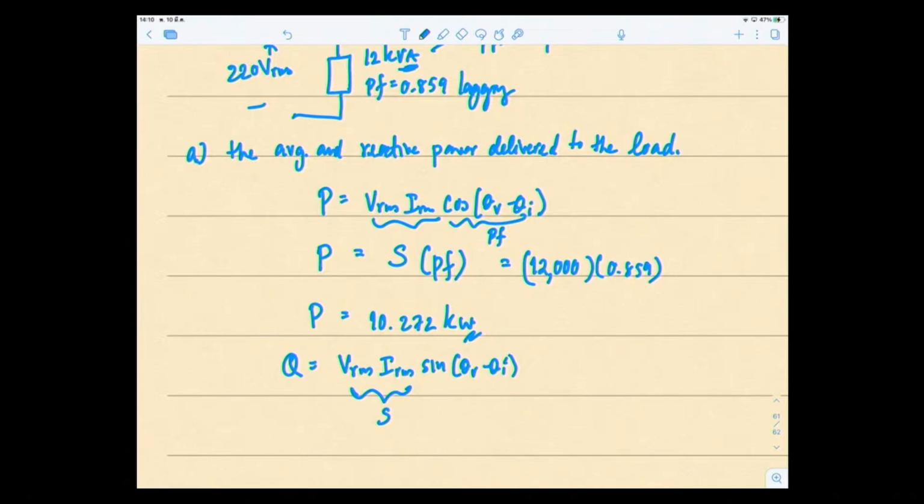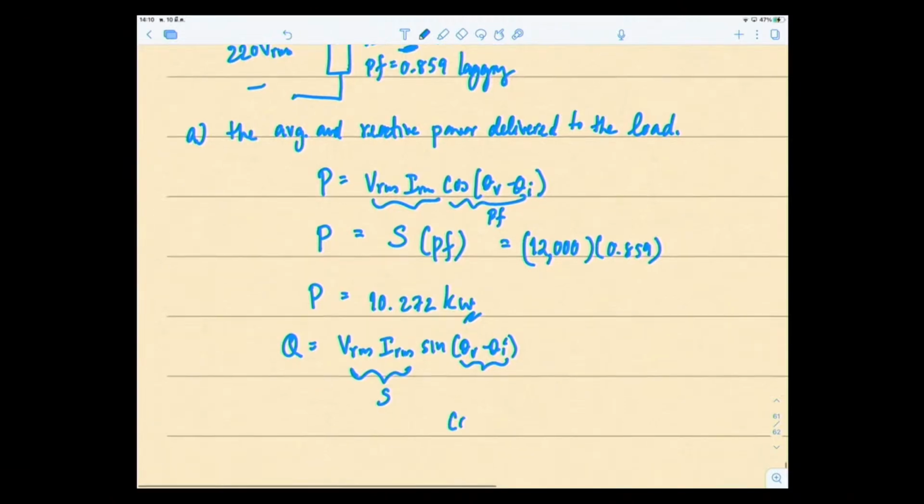So you have to find theta V minus theta I. We know that cosine of theta V minus theta I is equal to 0.859.